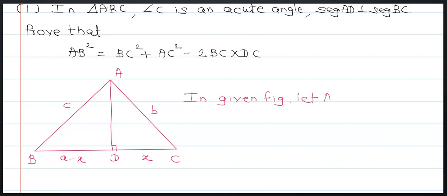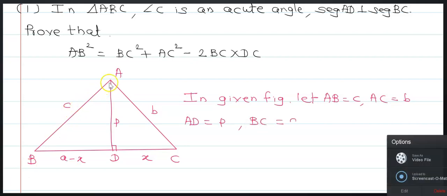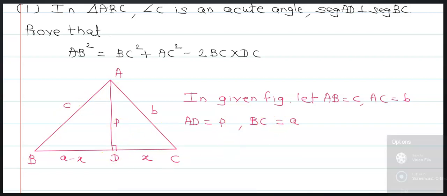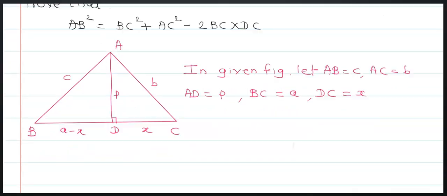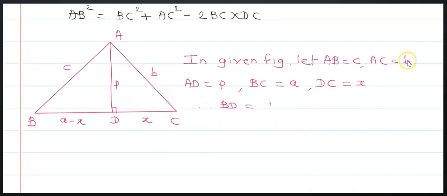In the given figure, let AB be equal to c, AC equal to b, and AD equal to p, the length. That is, AD is perpendicular to BC, and we treat it as small p. BC is equal to a, DC is equal to x, BD is equal to a minus x.